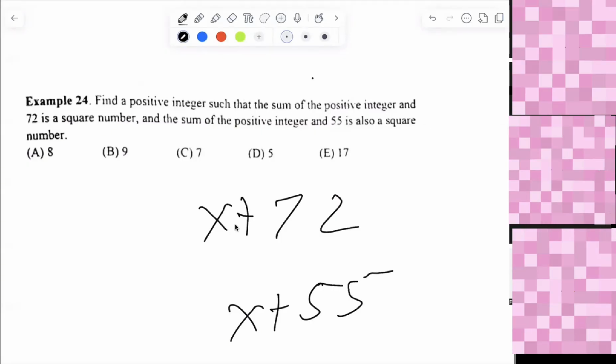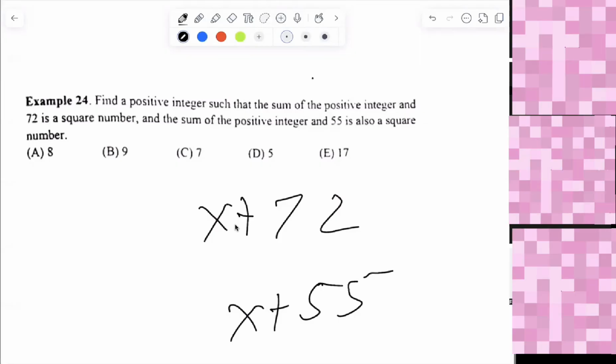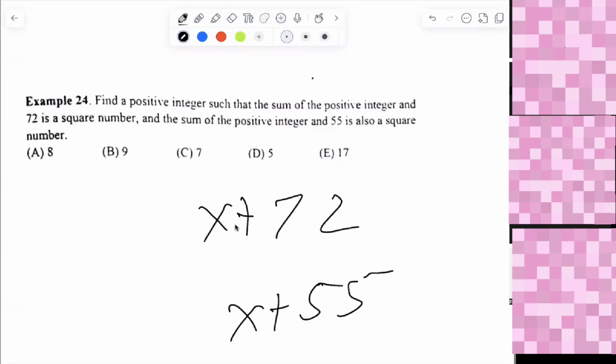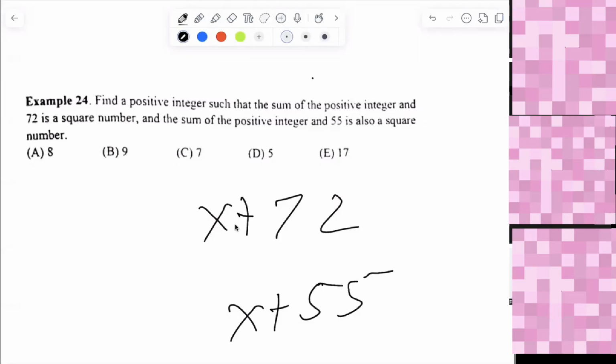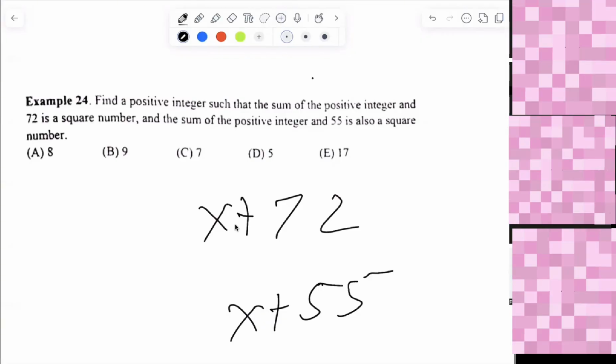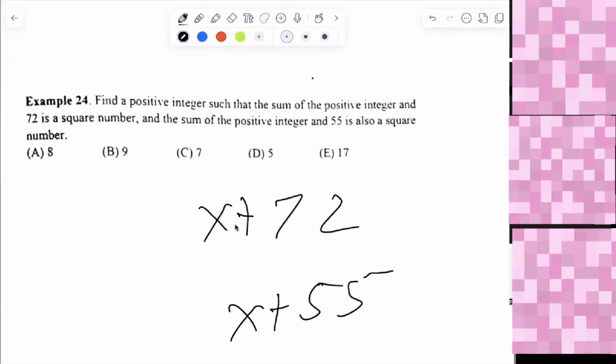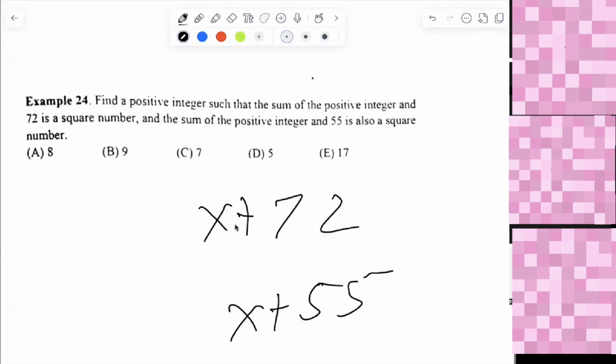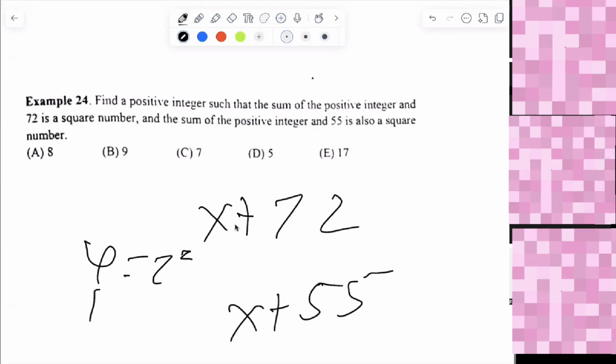Well, this means that this integer must be very small, because if the squares are very close, you know that the number itself is actually very small. Why? For example, let's take 4 and 1. 4 is 2 squared, 1 is 1 squared.